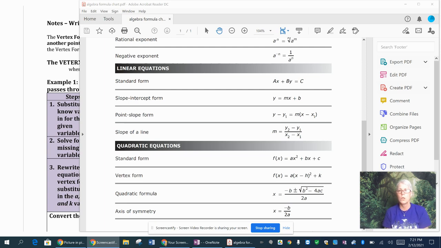The parent function of a quadratic equation has its vertex at 0, 0, at the origin. So the H and the K in vertex form show you how far to the right, left, up, or down that vertex has moved from the original parent function. So let's get going with it.